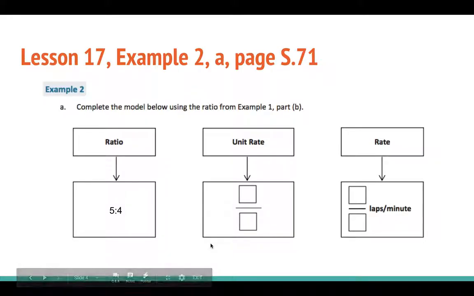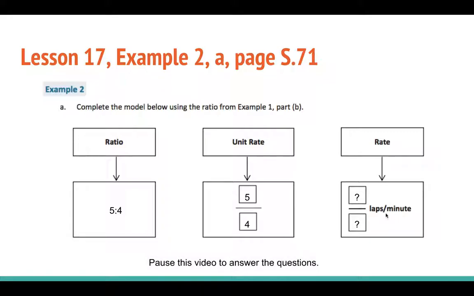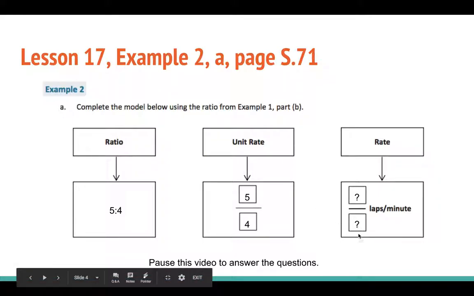Sound familiar? You've done this before. So our unit rate means we put the 5 laps over the 4 minutes, so 5/4. To find the rate, what is this then? Remember, here's your unit rate. What is the rate? Because now we've got this descriptor here, laps per minute. So pause this video to answer the questions. So guys, really simple, okay?